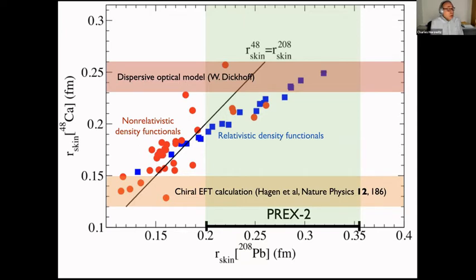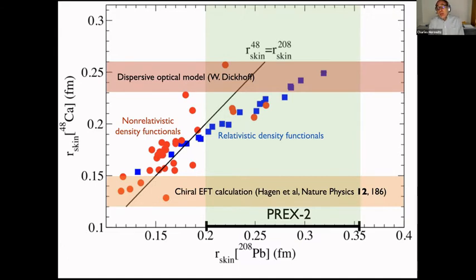Yeah, so be careful with how you phrase your question. The dipole polarizability is a very interesting measurement. It's a very useful measurement, but it's not the neutron skin. So the inferred value for a neutron skin is somewhat model dependent. So you should just use the dipole polarizability itself.